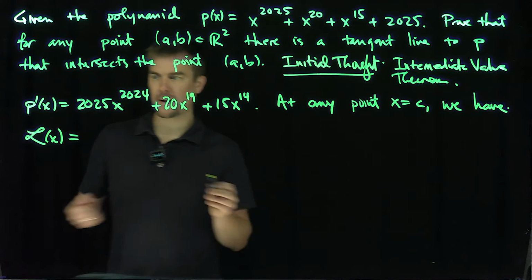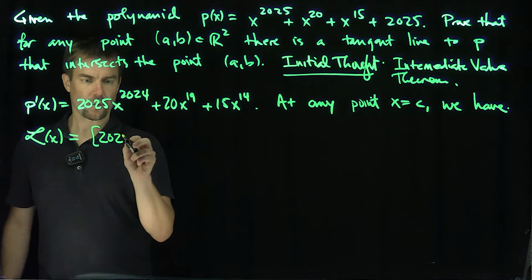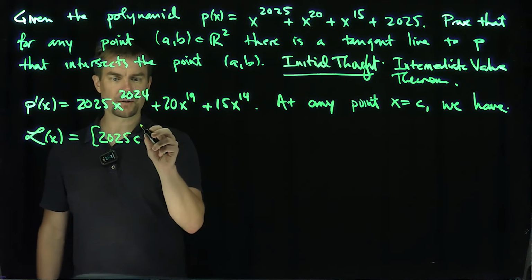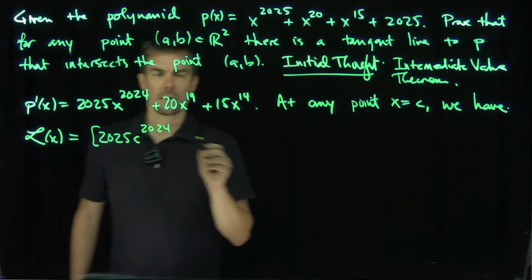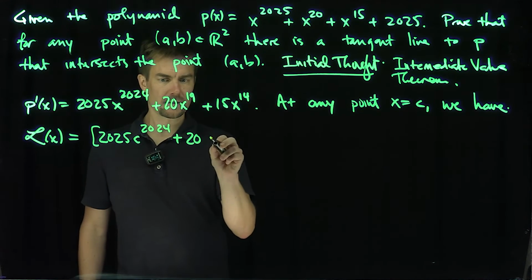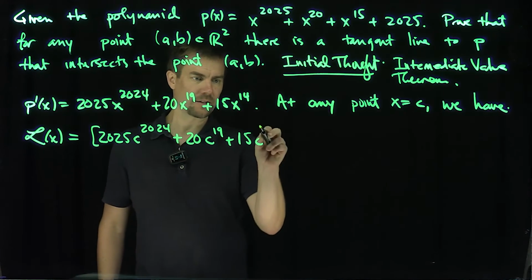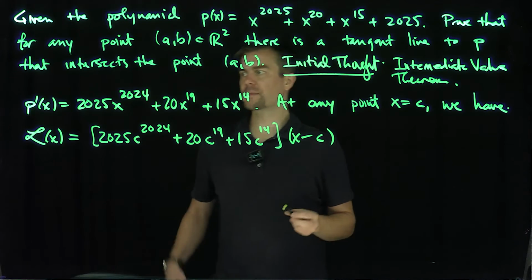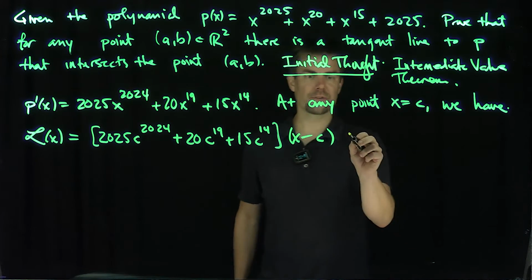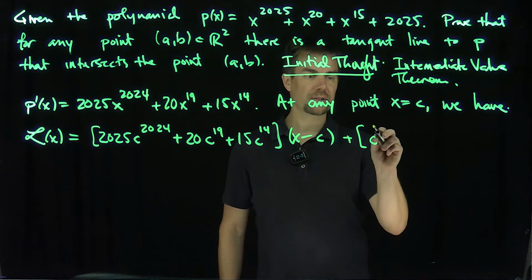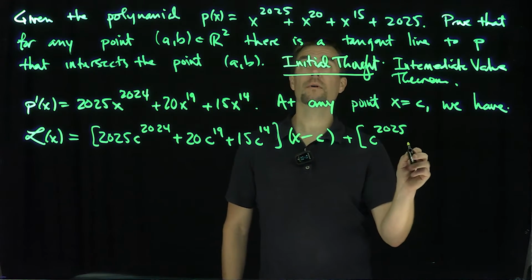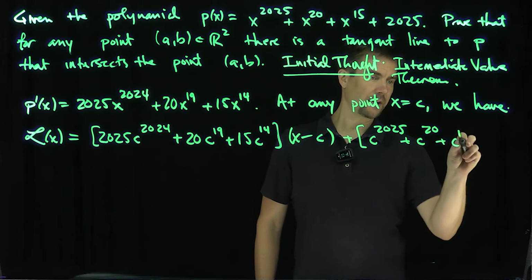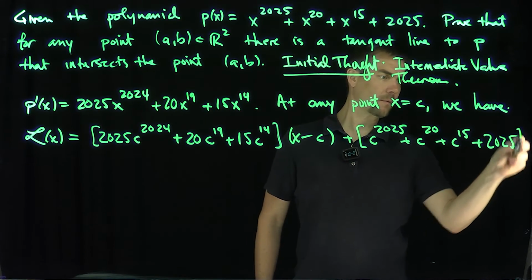Well, here's the slope: 2025 C to the 2024 plus 20 C to the 19 plus 15 C to the 14, times x minus C, plus the function value at the point C. And the function value at the point C is C to the 2025 plus C to the 20 plus C to the 15 plus 2025, okay?